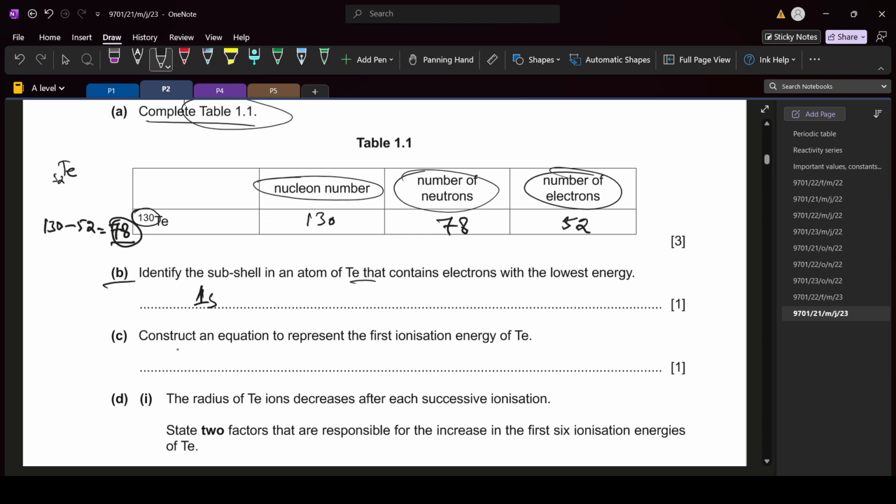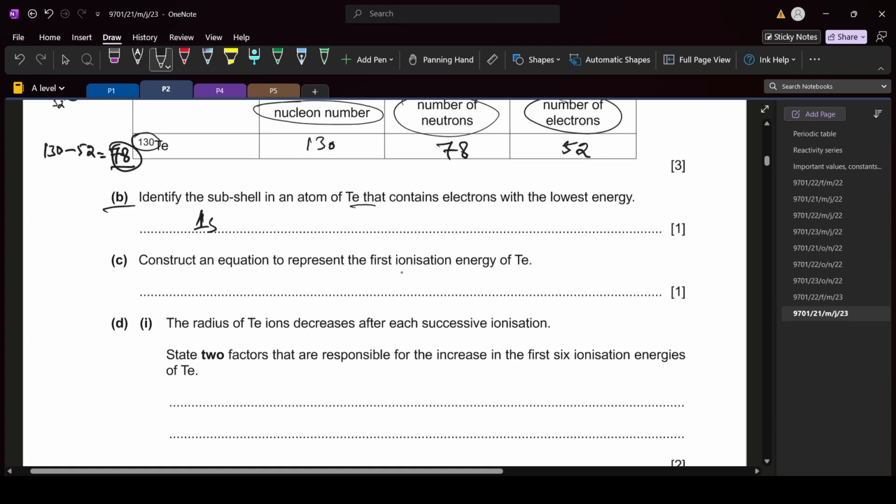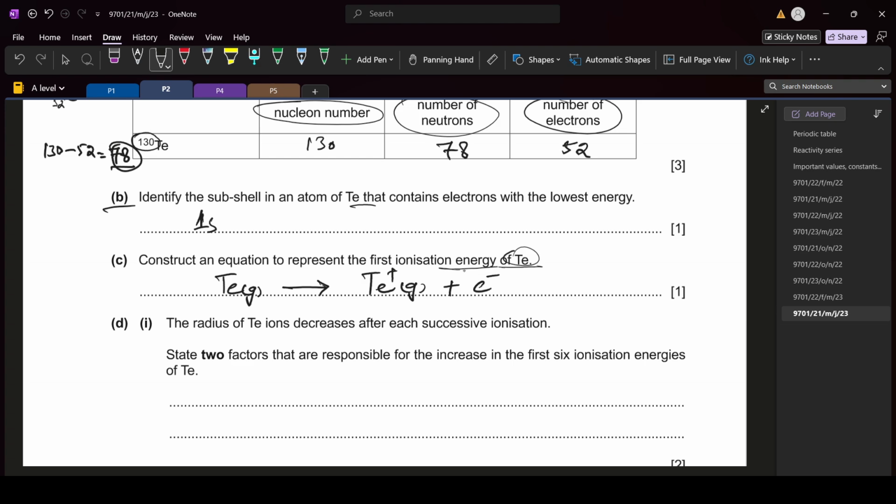Now part C, construct an equation to represent the first ionization energy of tellurium. Ionization energy is the energy change when 1 mole of gaseous atoms changes into 1 mole of gaseous ions. So when this gaseous tellurium changes into 1 mole of gaseous ion, this is the first ionization of tellurium.